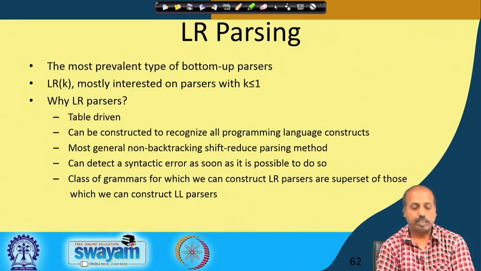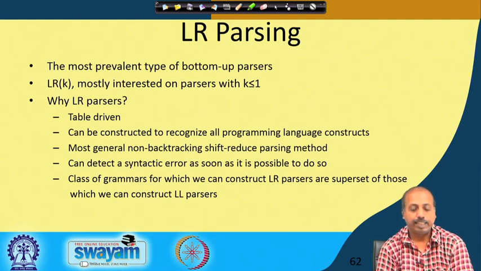Okay. So, this LR parser is the most prevalent type of bottom up parser, and in general we will call it LRK, where k is the number of symbols that we do a look ahead.